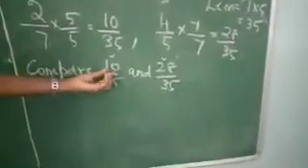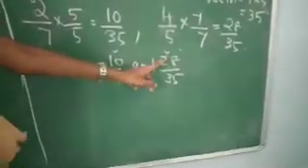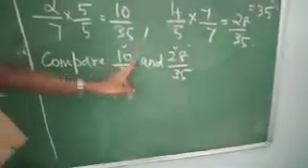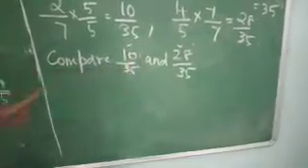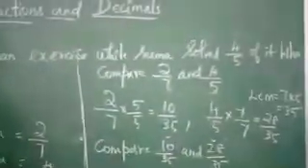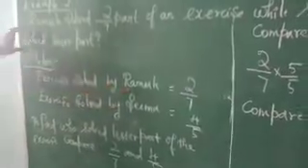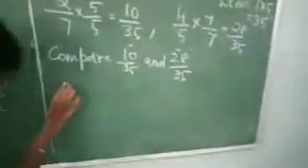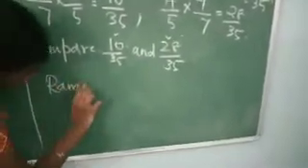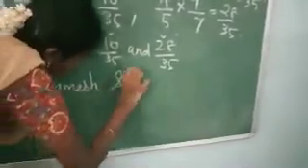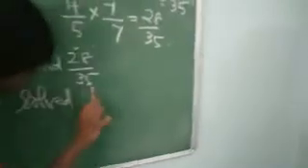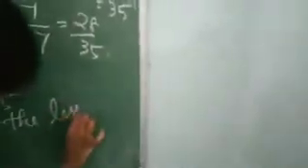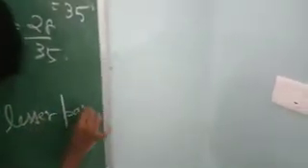The least value is 10, because 28 is greater than 10. So 10 goes to whom? 2 by 7. And 2 by 7 is whom? Ramesh. So your final answer is Ramesh solved the lesser part of the exercise.